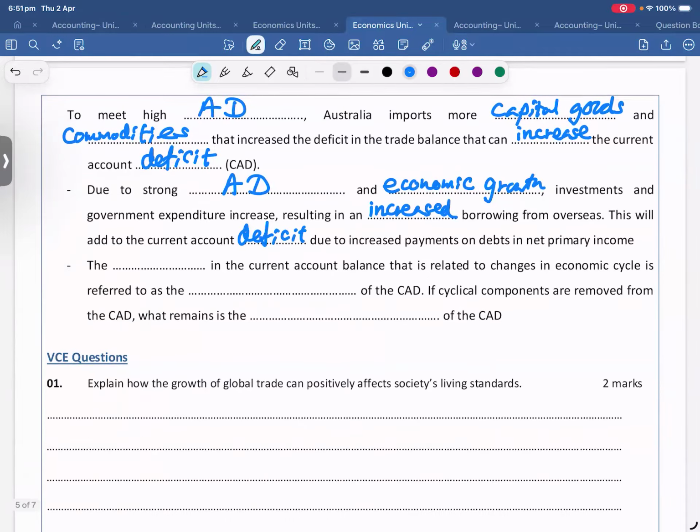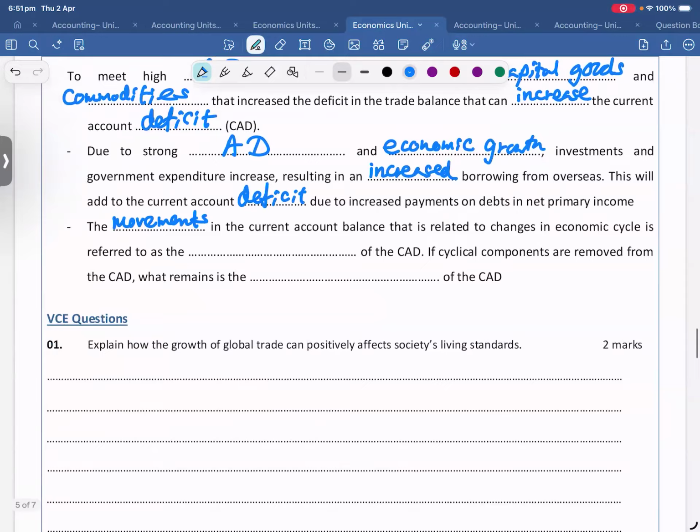Next one, guys, the movements in the current account balance that are related to changes in the economic cycle are referred to as the cyclical component of the CAD.